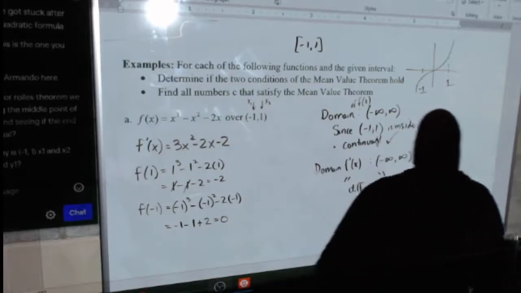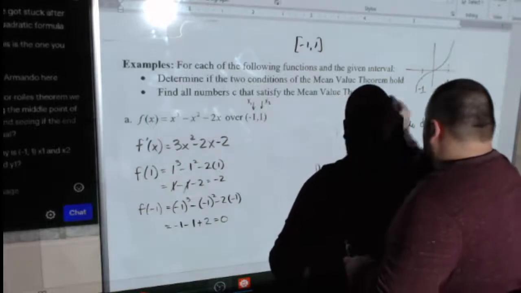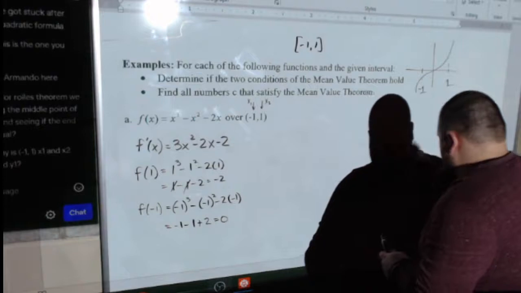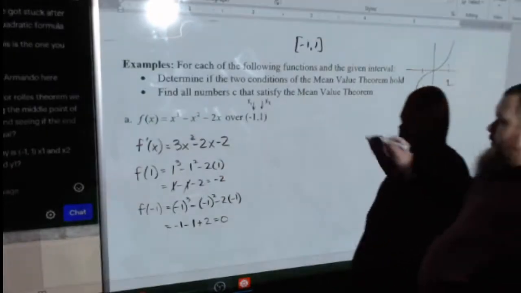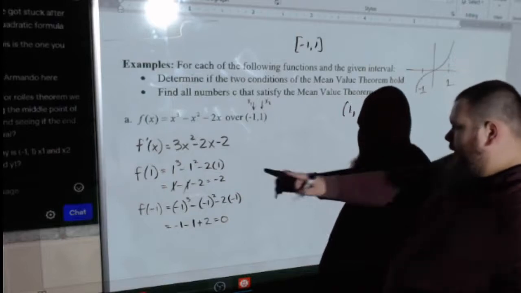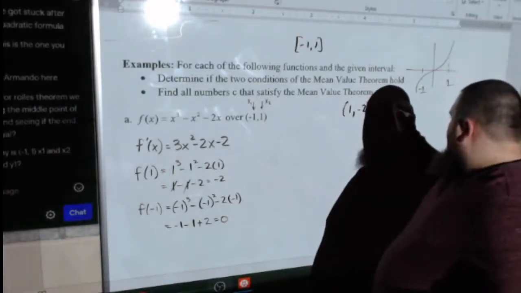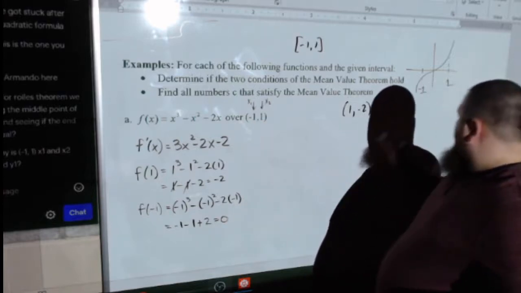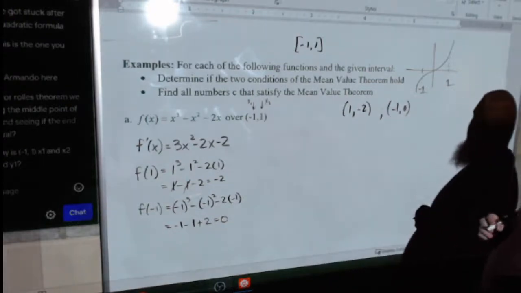So our 2 points now are 1 and negative 2, and negative 1 and 0. So we need to find the slope for those 2 points.